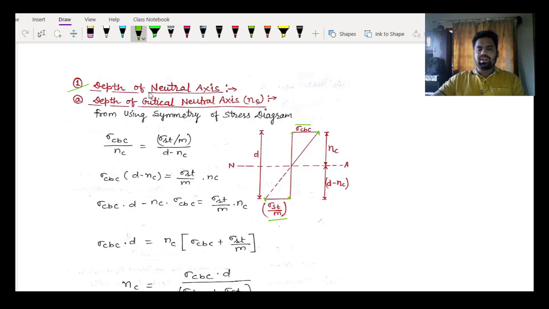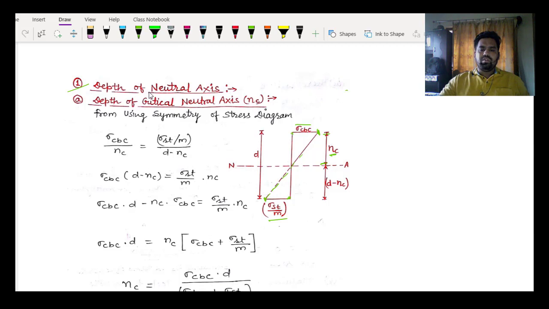Concrete has the maximum permissible stress of sigma cbc till here, and steel has the maximum permissible value for the transformed section, sigma st by m, till here. After joining these we get this depth as the critical neutral axis, denoted by n suffix c. The actual depth of neutral axis is denoted by n, and in some books by NA also.